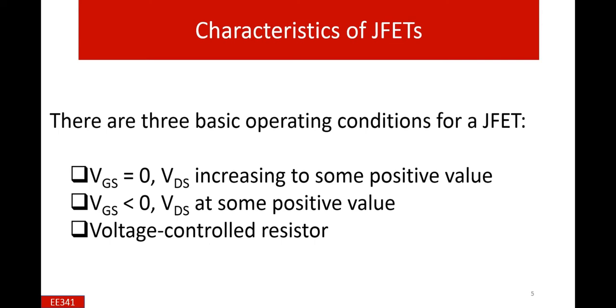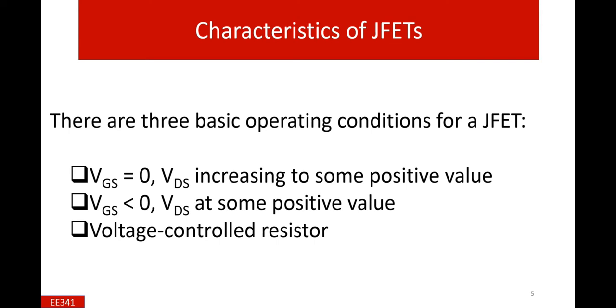We discussed this in the last lecture, and we will continue from this point. The second point is when the voltage between the gate and the source is in the negative, reverse bias situation, and with this condition we fix the value of VDS.